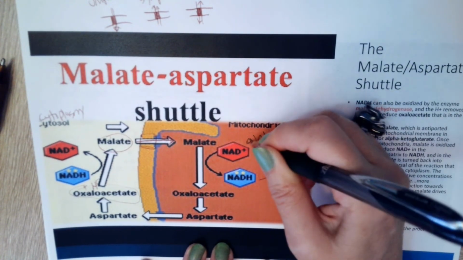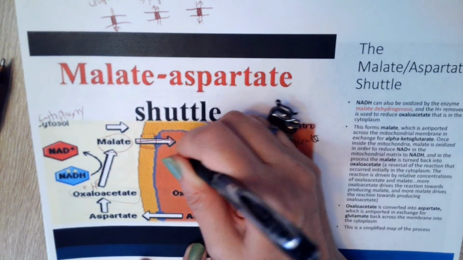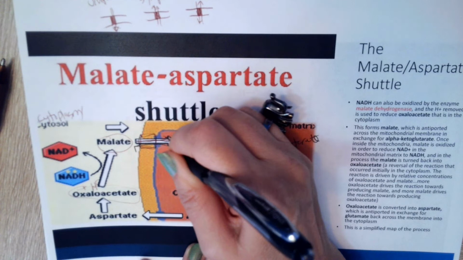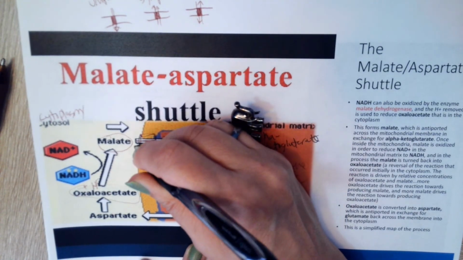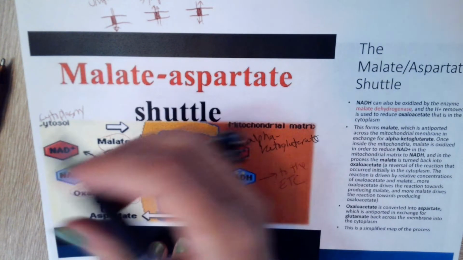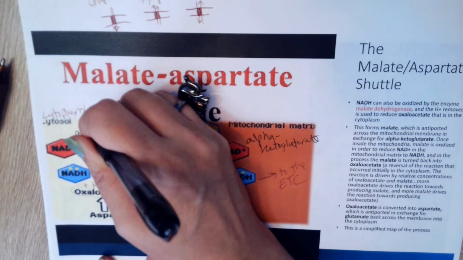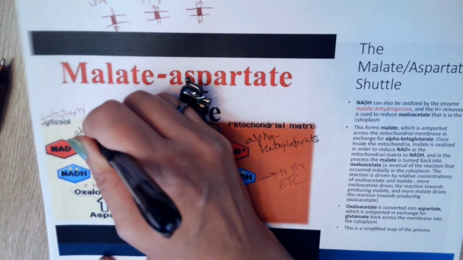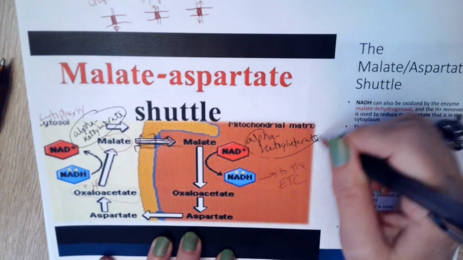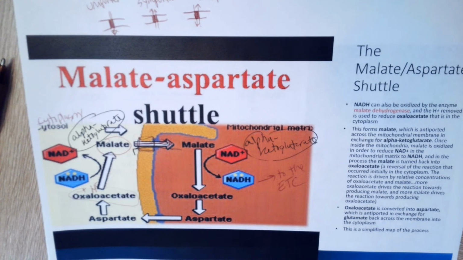That alpha-ketoglutarate is going to be leaving the mitochondria. So malate is going in, alpha-ketoglutarate is going into the cytoplasm, so it's moving out of the mitochondria. So now we have alpha-ketoglutarate out here. So keep your eye on the alpha-ketoglutarate. We're going to get back to the alpha-ketoglutarate.